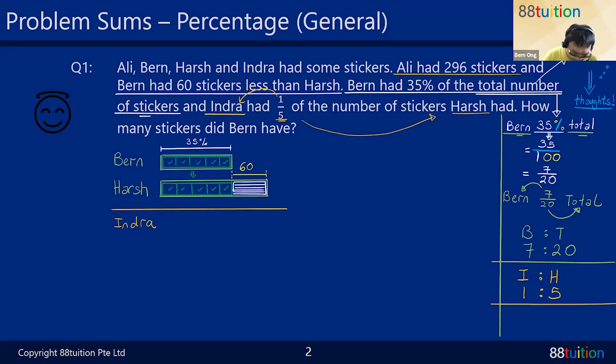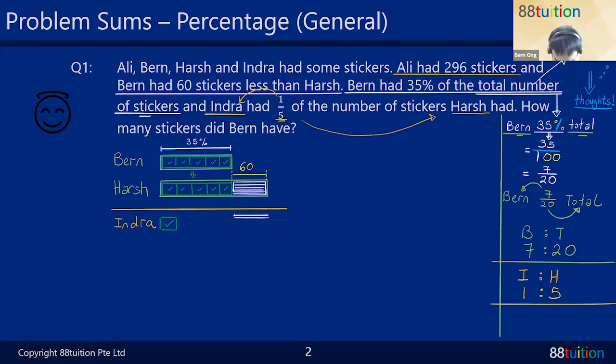Indra has 1/5, which means she only got 1 of this dark green. If you compare the green color portion and the white color portion, the 60 is separated into 5 parts down here. So for this white color portion, she only gets 1/5.